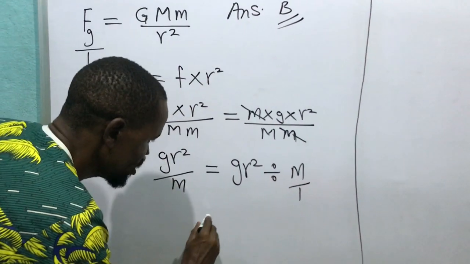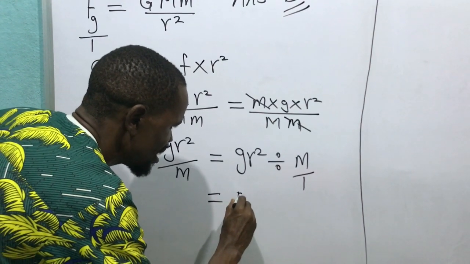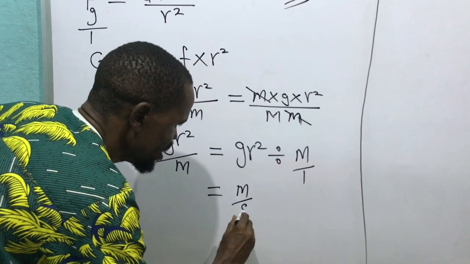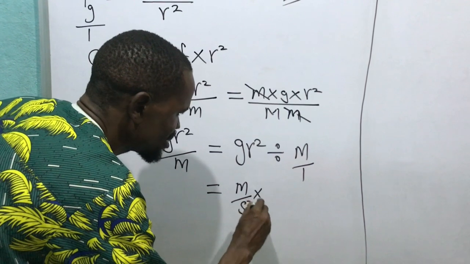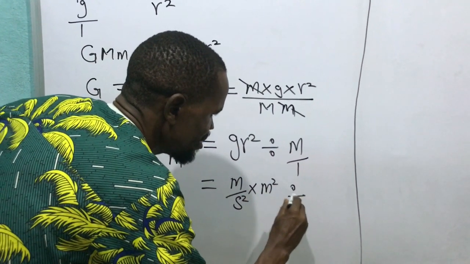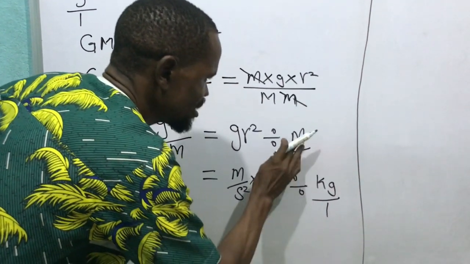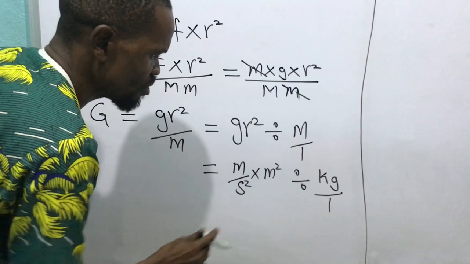What's the unit? The G, acceleration due to gravity, is meter per second squared, times this man is meter squared, divided by kilogram over 1. That's the unit of mass, kilogram over 1.